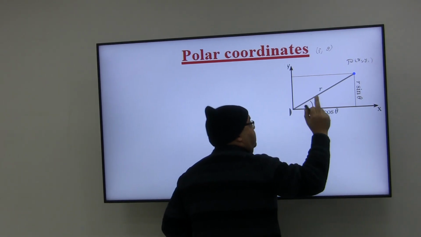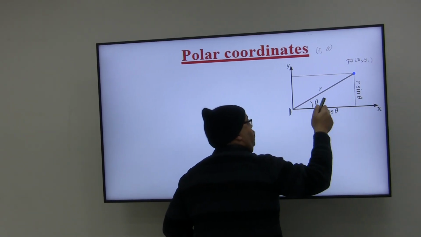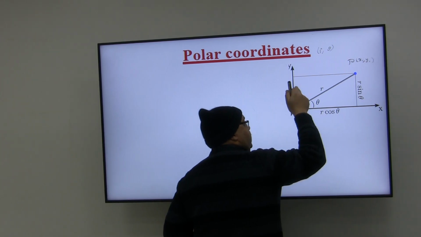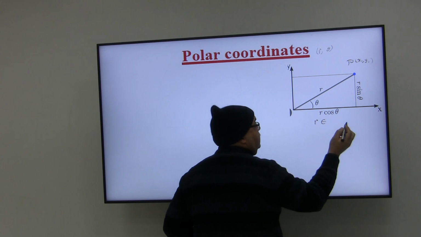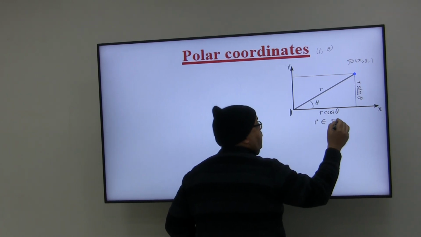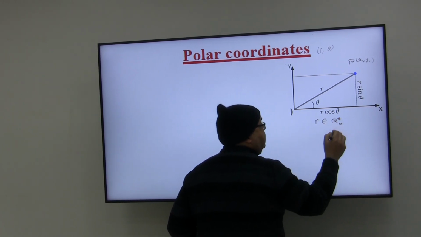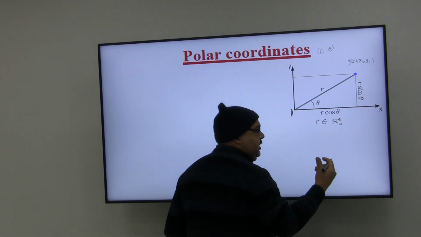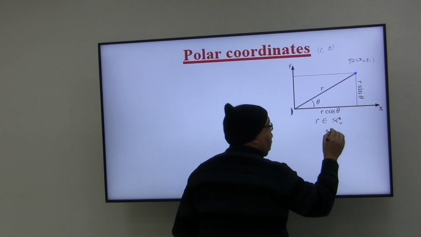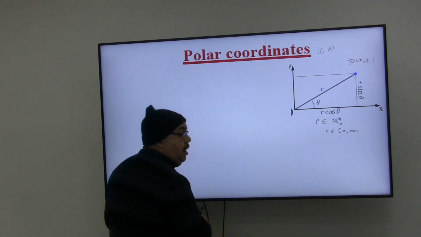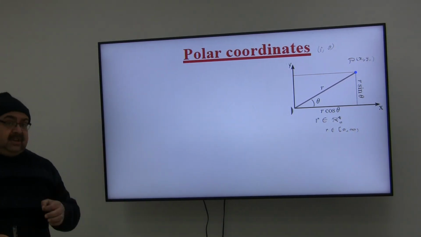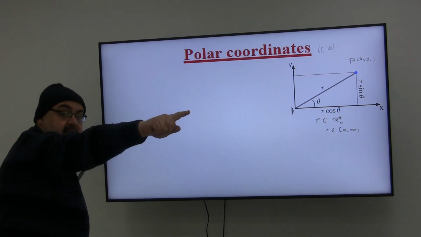My angle will be measured from the positive direction of the x-axis and above. From this point of view, R belongs to the set of positive numbers and 0. From the previous lecture, now you know that R belongs to the set starting from 0 up to infinity. So R actually starts from 0 and goes up to infinity, okay?